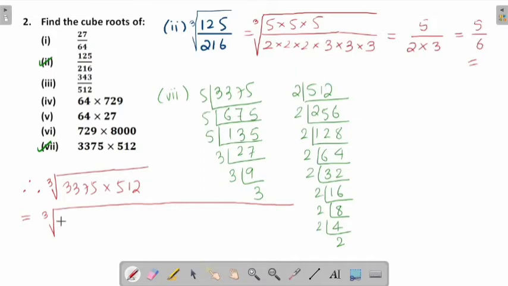It is 5 into 5 into 5 into 3 into 3 into 3. This is your 3375. Now in place of 512, we have how many 2s? Let's see, 1 2 3 4 5 6 7 8 9.